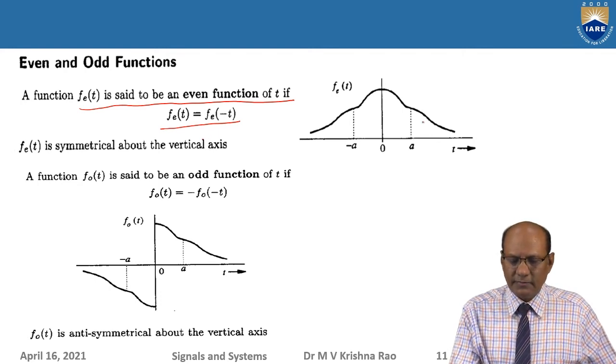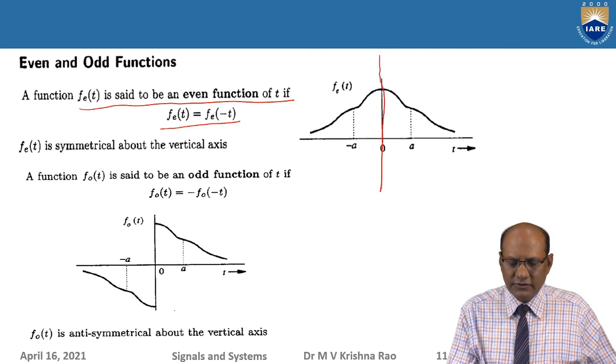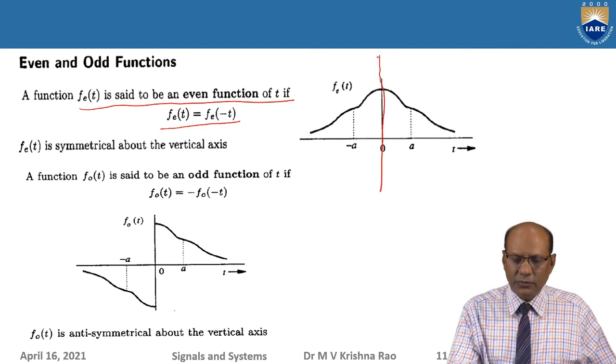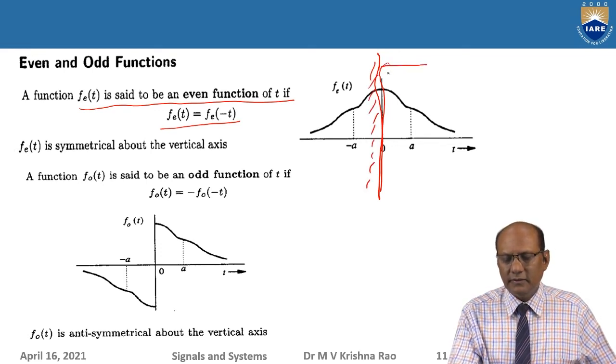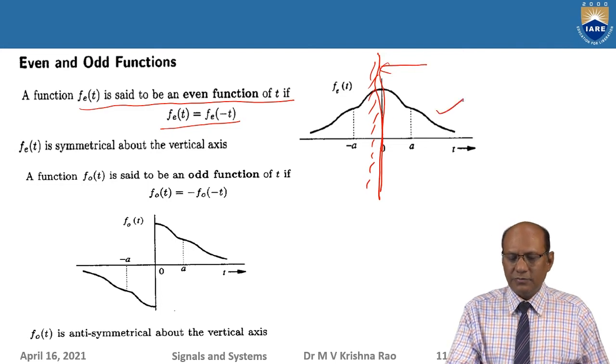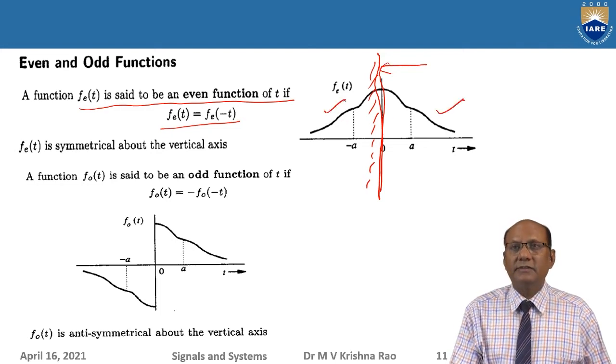What it means is, this is an even function, because put a mirror here. If I put a mirror here, whose shining surface is this side, when you put some object like this, you will get an image like this.